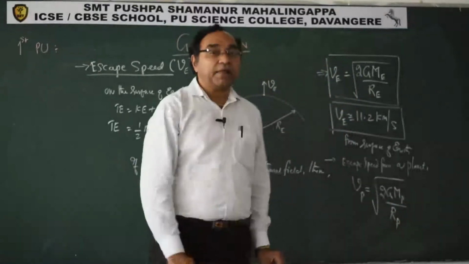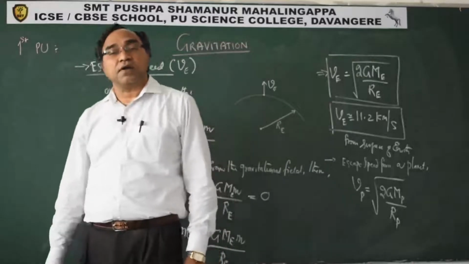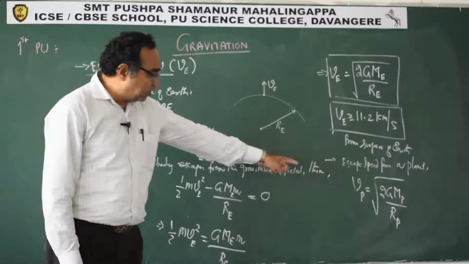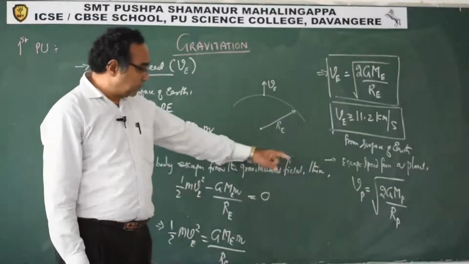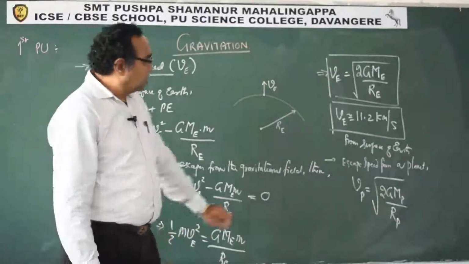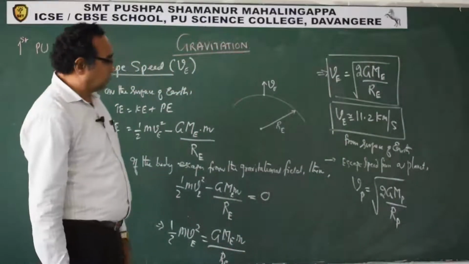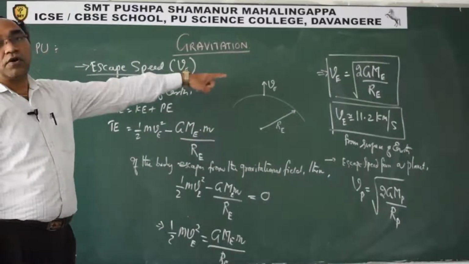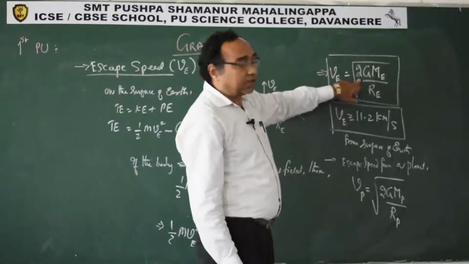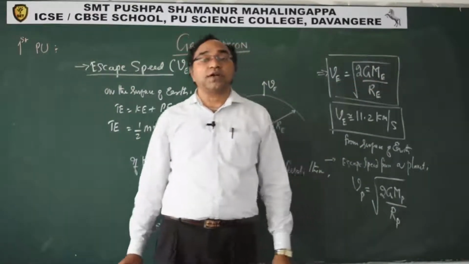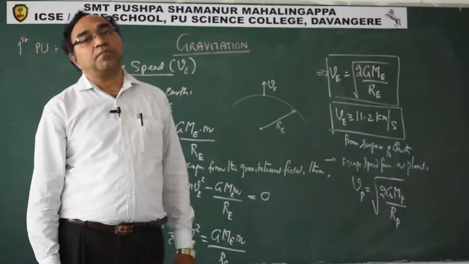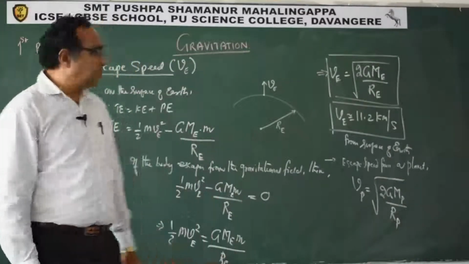Replace the mass and radius by those of the corresponding planet, and you will get the escape velocity from the surface of that planet. Now, if you observe, the escape velocity on the surface of Earth can be taken as root 2 times the orbital velocity. So this gives us an important conclusion.